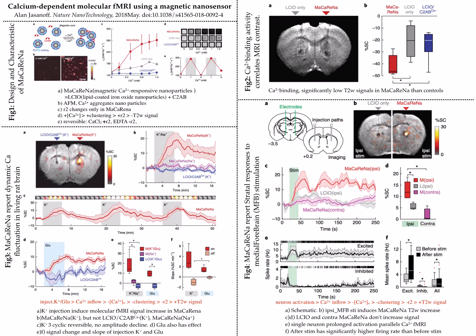So this time they used an electrical electrode to stimulate the forebrain. The forebrain actually can send action potential to the striatum. And then you see the figure A, the second place, they inject some MaCaReNa into the striatum, that is the caudate area.